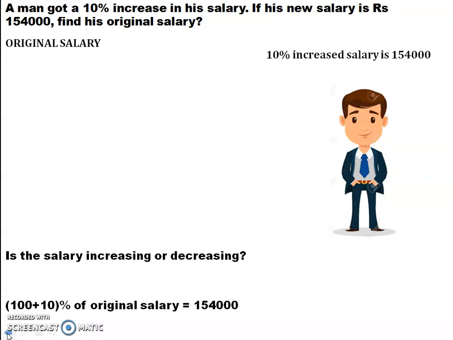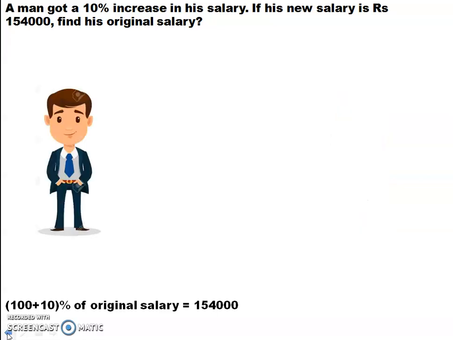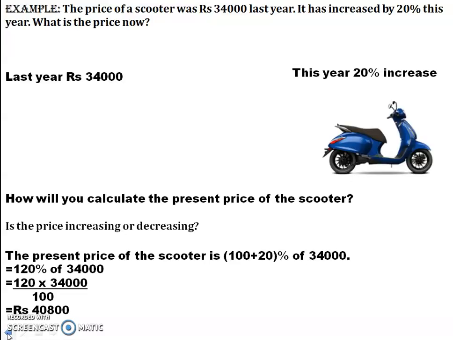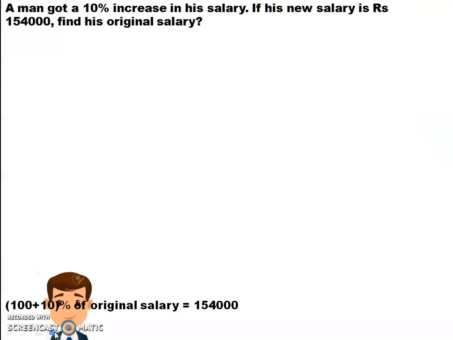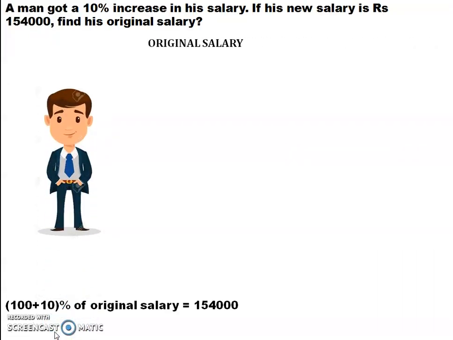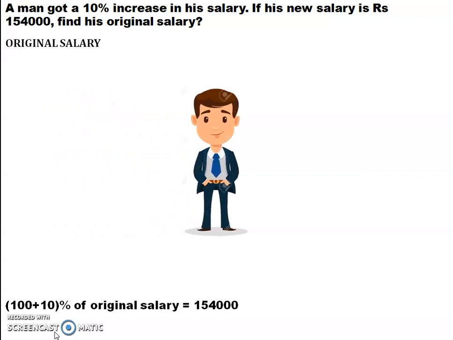Let's see. In the first question, the old value and the percentage increase were given. So, you did 100 plus the percentage increase of the old value. What happened in your next question? In the next question, the old value is not given.